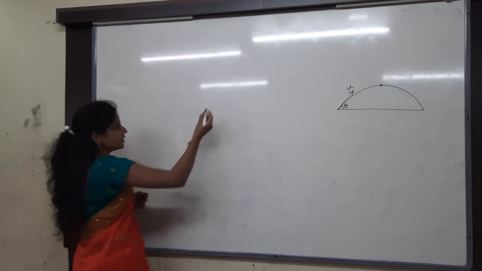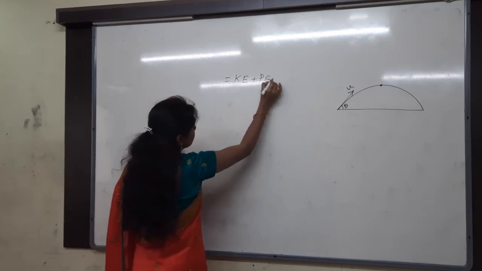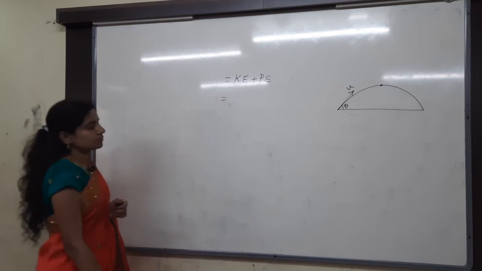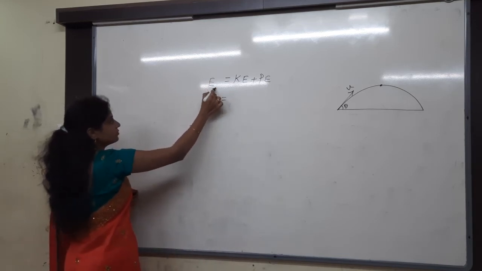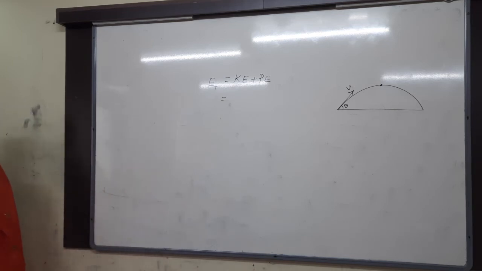Kinetic energy plus potential energy you have to do. How many of you got half m u square? Only 2 girls, that's it. Potential energy is mgh, kinetic energy is half m v square.